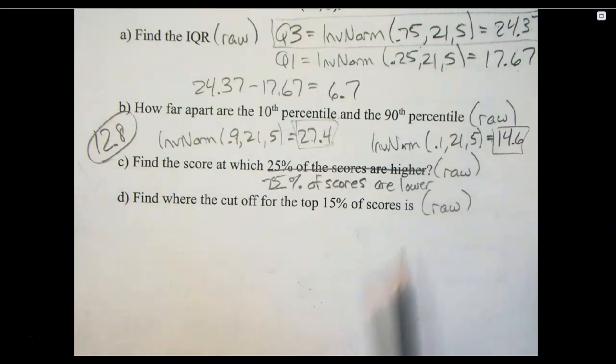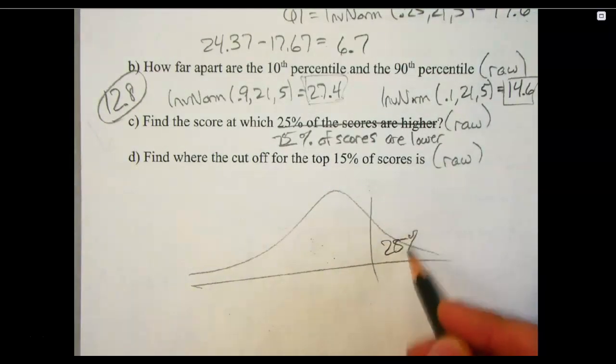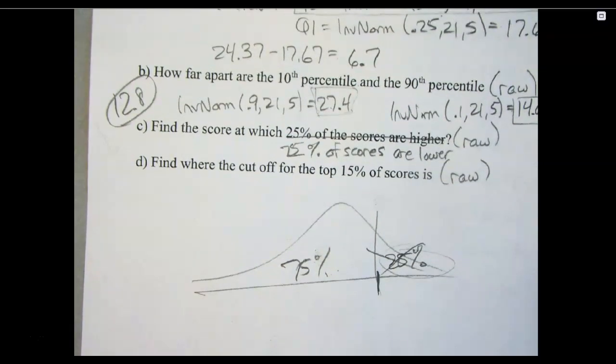But if I'm saying 25% of the scores are higher, I'm saying I want to know this spot right here. Your calculator doesn't know how to do this. You kind of got to flip the problem around and be like, okay, what you're really asking me is what number is 75% below. Do that.